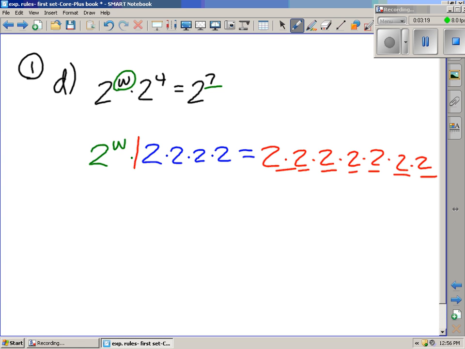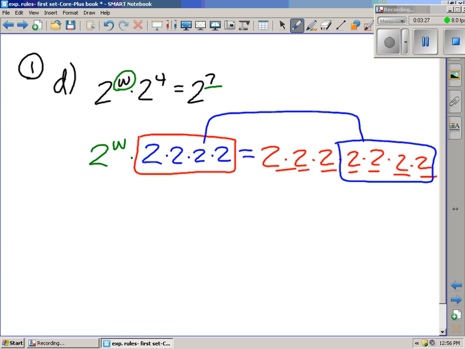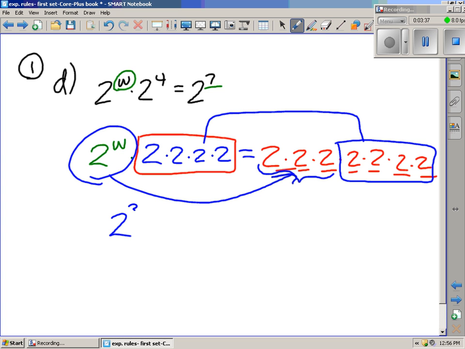So over here, we have 2 to the 4th power, and I'm going to show you where that is over here. And these are equivalent. So really, 2 to the power of w needs to be equivalent to this piece. So 2 to the power of w is equivalent to 2 to the power of 3. So w is equal to 3.